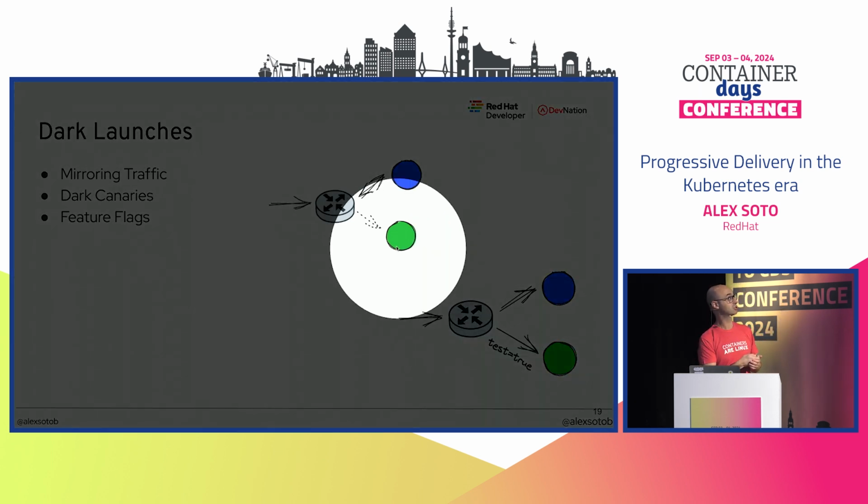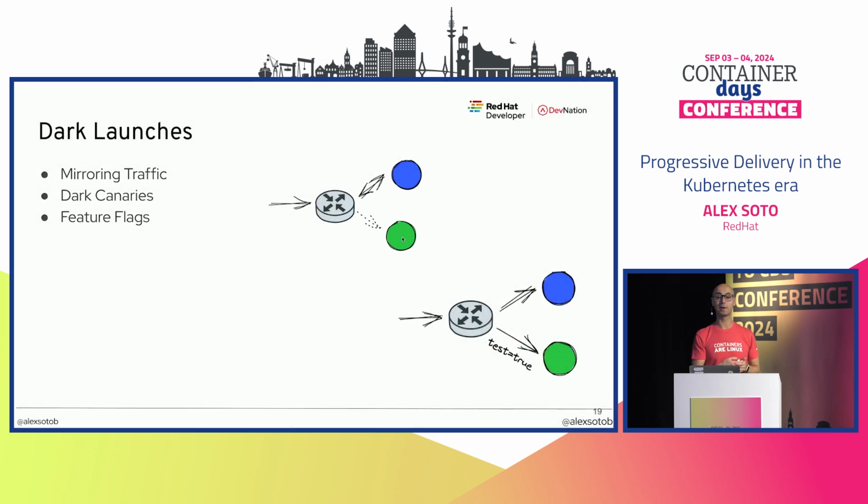But I'm just getting this request, but I never send back a response. It's just a fire and forget request. Why? Because in this way, I can test if version 2 is behaving similarly as version 1 with the same request.